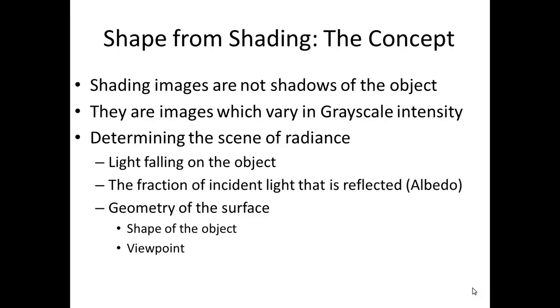It is also required to know the geometry of the surface, which is in turn known from the shape of the object and the viewpoint. All this information is required for determining the three-dimensional shape from the two-dimensional shading images of the object.